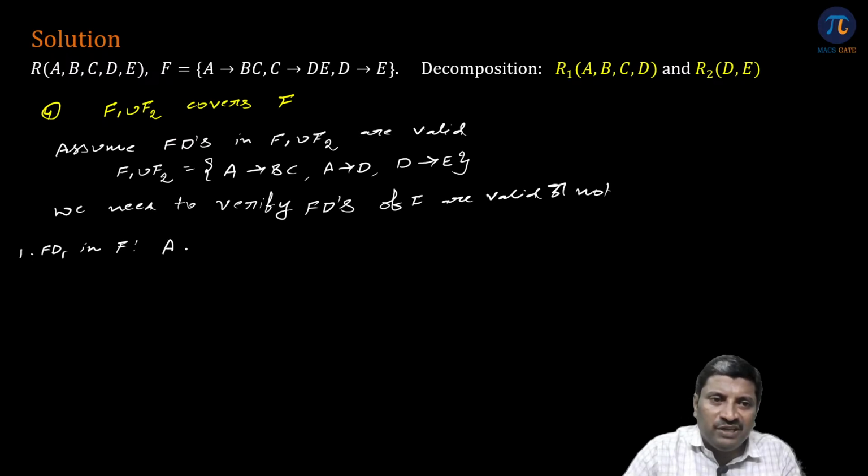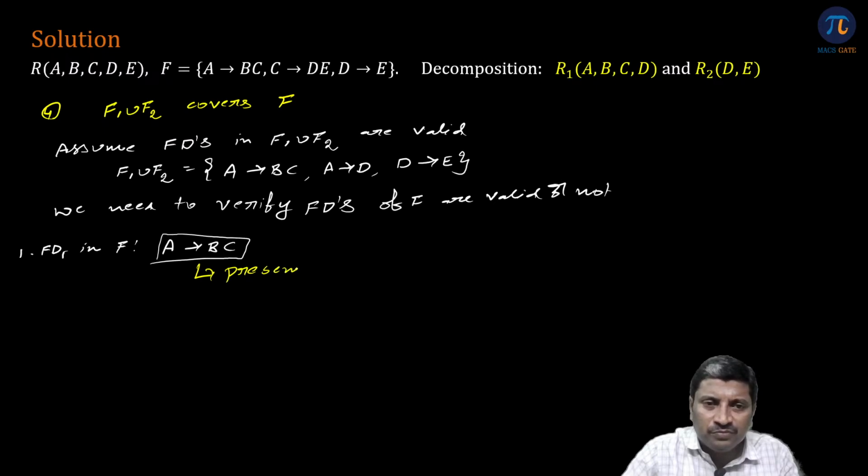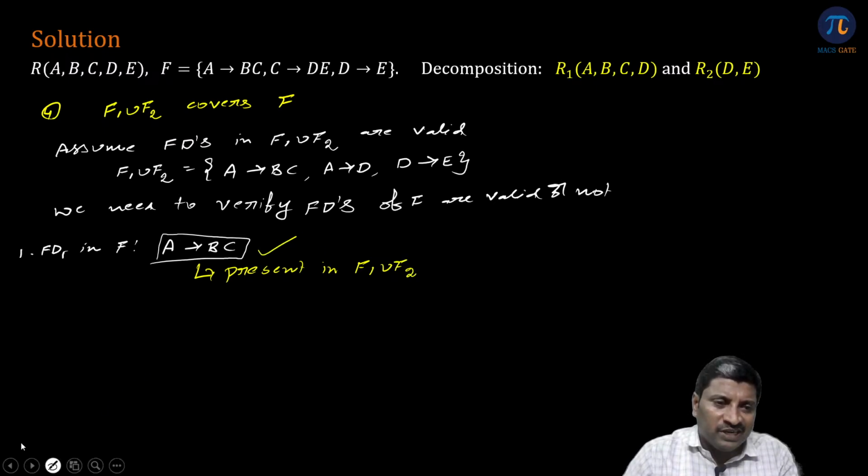The first FD is A implies BC. If you observe clearly, A implies BC is present in the union, so no need to verify it because it was already there. Present in union, so it is valid.